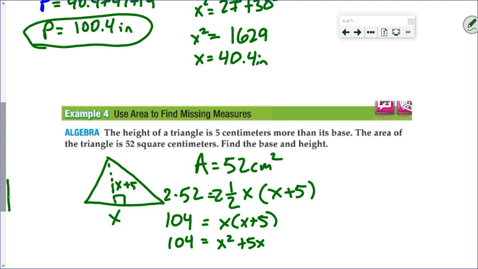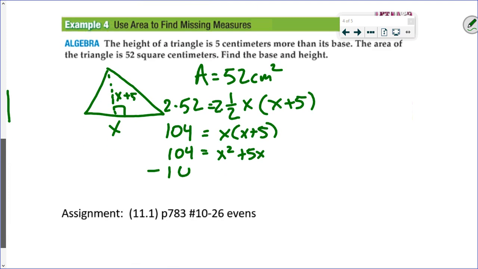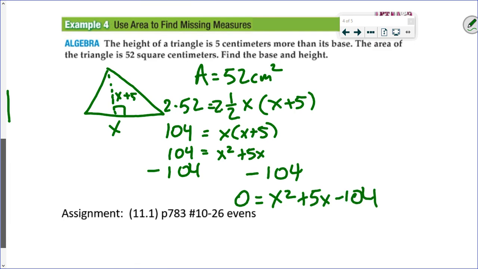And of course, it's a quadratic equation now that we'll need to solve, so we'll need the quadratic formula. Using the quadratic formula, you've got to have this thing equal to 0. So do that. And you say a is 1, b is 5, c is negative 104.